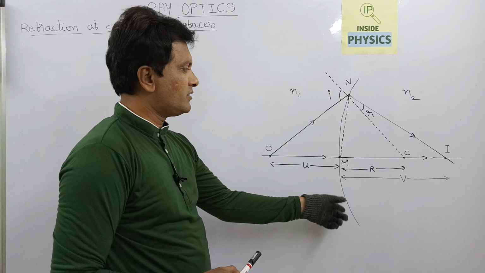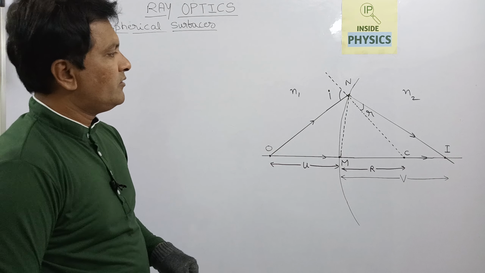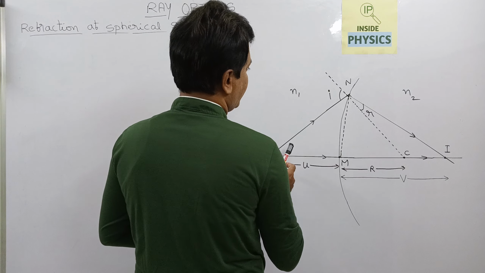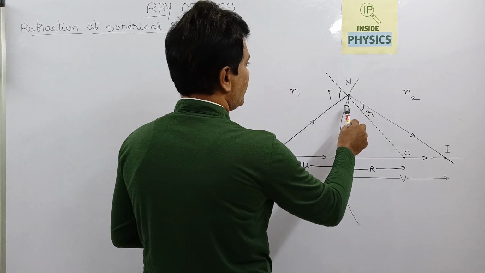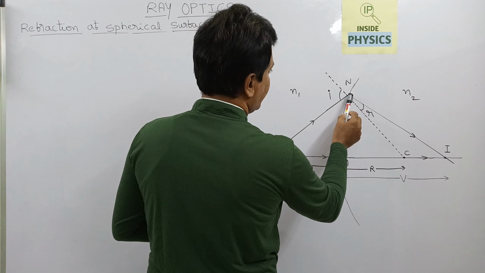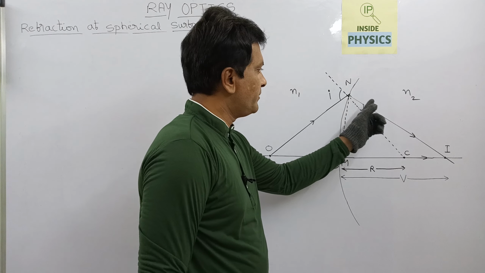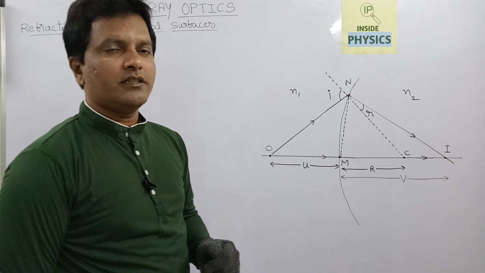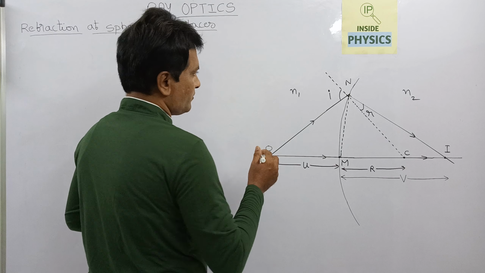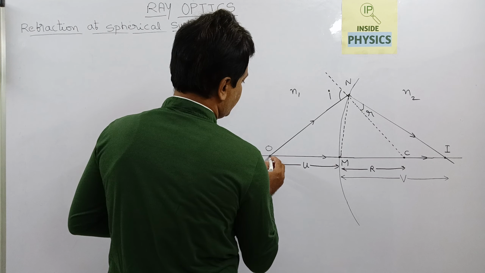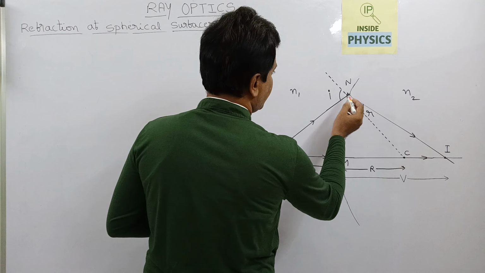Now we observe what happens when we consider the refraction at a curved surface. Generally when a light ray is getting refracted by entering into the second medium from the first medium, it will be incident on the interface of the two mediums at a point, so that it will be refracting towards the second medium. Here, if you observe, this is the object position and this is the point of incidence.